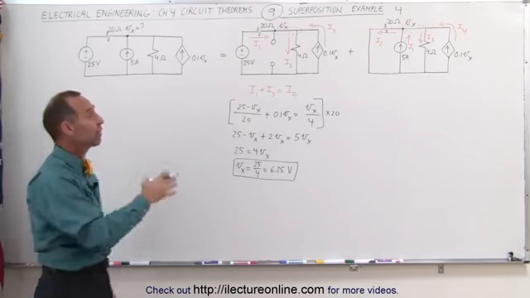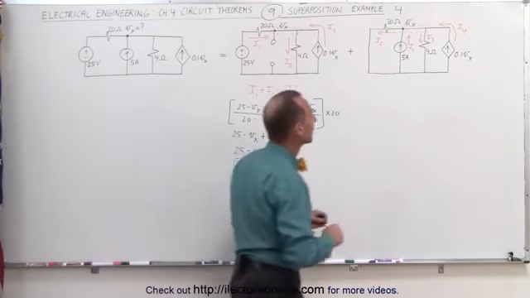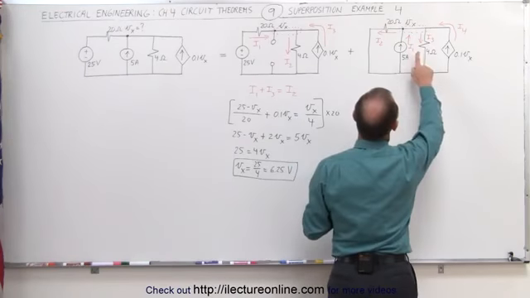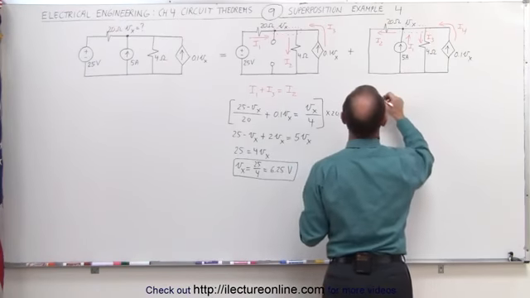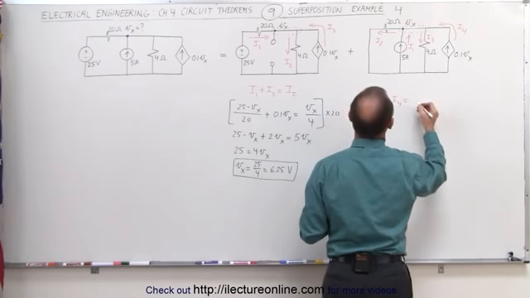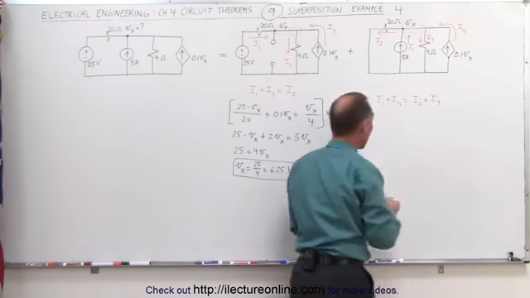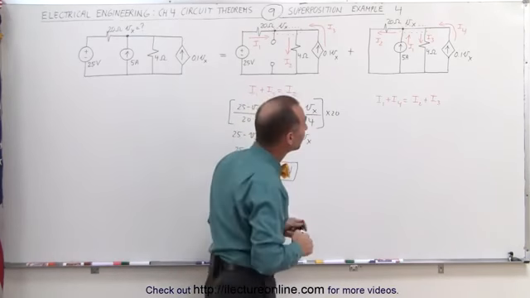We have V sub x on our first circuit. We're going to add that to the V sub x of the second circuit, so we need to do this a second time. All the currents entering would be I1 and I4. I1 plus I4 equals all the currents leaving, I2 plus I3. Now we need to figure out what each of those are.